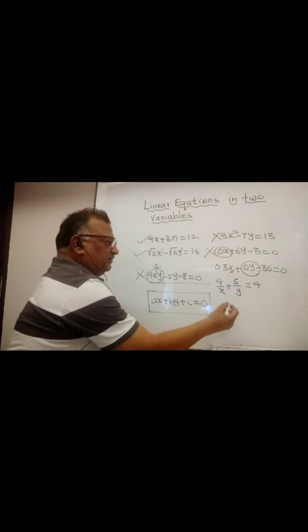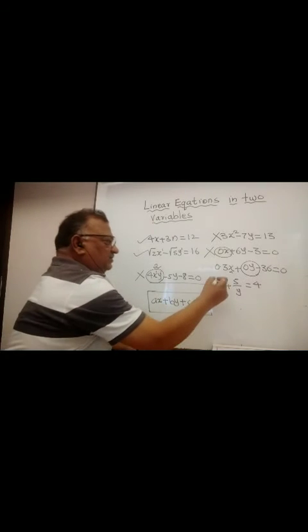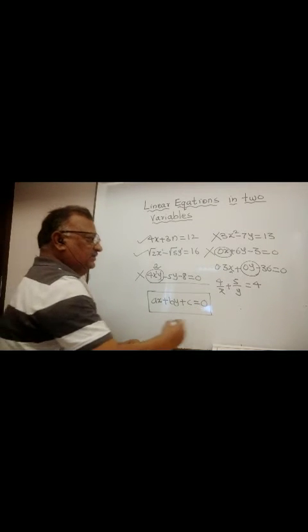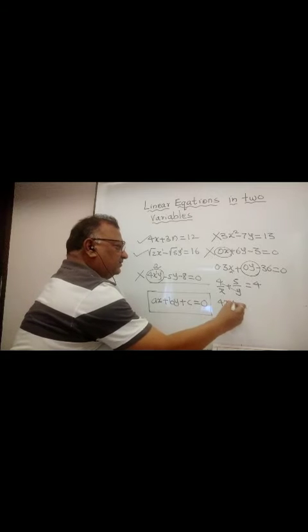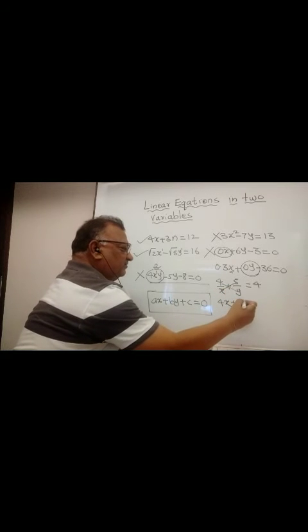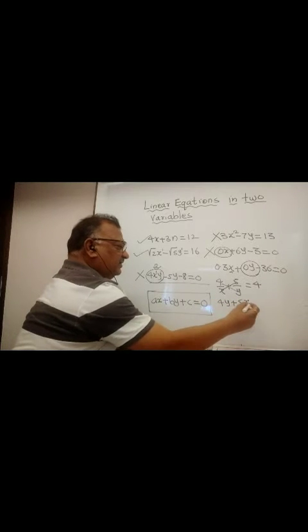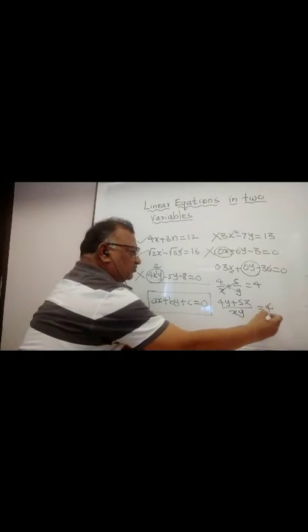See the next example. It will deceive you. First of all, we'll express this equation in the form ax plus by is equal to c. So 4 into x is 4x plus 5 into x is 5x. 4 into y is in fact 4y plus 5x upon x into y, that is equal to 4.